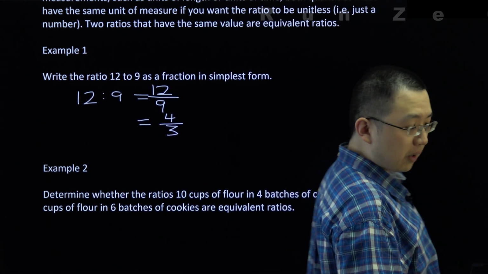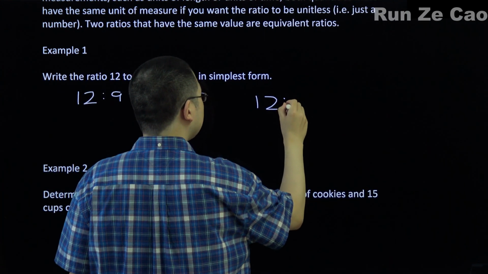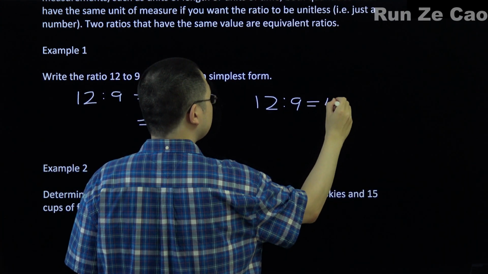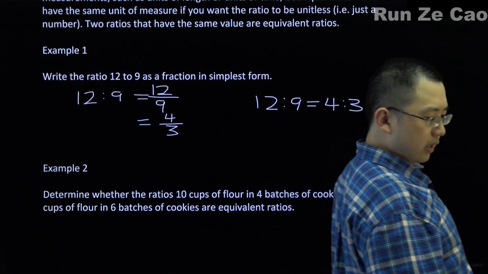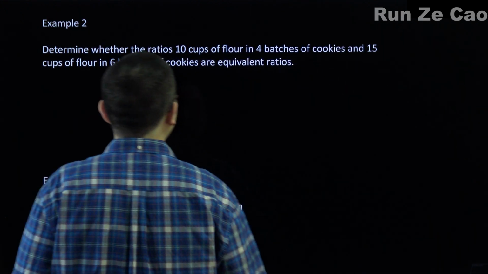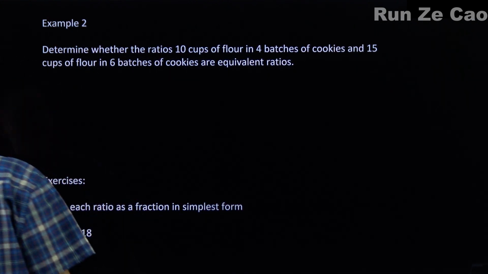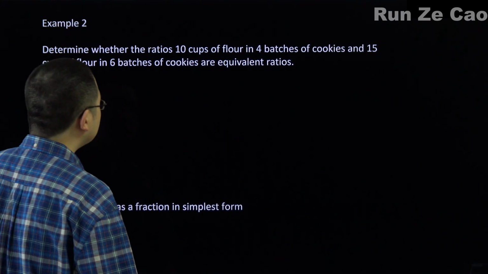We could also express this ratio as 12 to 9 is equal to 4 to 3. Okay, let's determine whether the ratios of 10 cups of flour in 4 batches of cookies and 15 cups of flour in 6 batches of cookies are equivalent ratios.